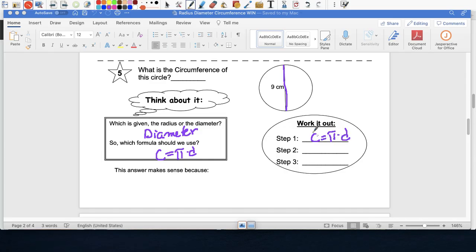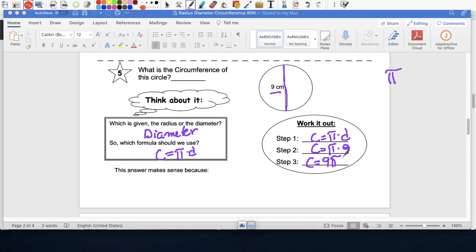We're going to substitute. So C, I don't know what it is, so that stays. Pi, we know is 3.14159, etc. We use the symbol pi because it's much easier. And then for the diameter, I'm going to replace the letter D with the value of 9. So circumference is, and we don't write pi 9, we actually write 9 pi.